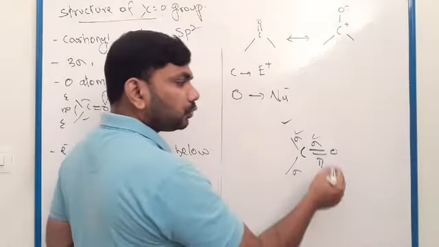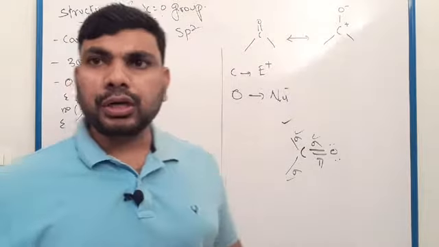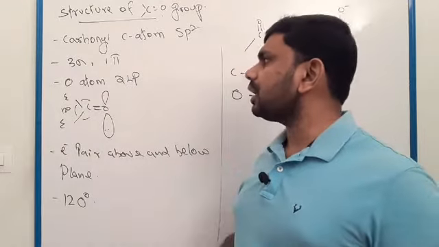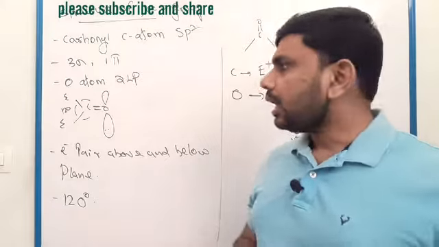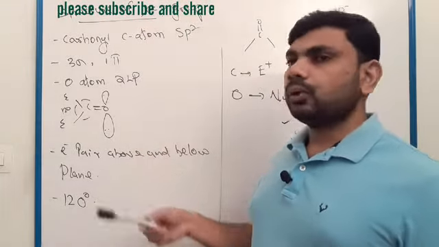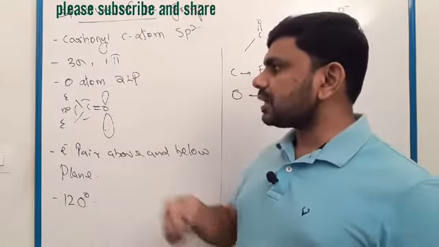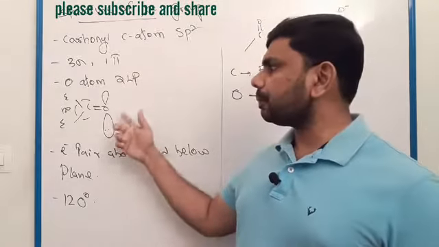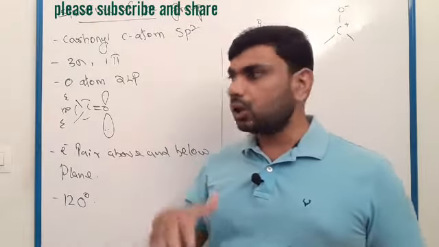Also in carbonyl group oxygen contains 2 lone pair electrons, and these 2 lone pair electrons are one above and one below the plane. Rest of the atoms are in the same plane, but the electron pairs present in the oxygen, one is above the plane and another one below the plane.